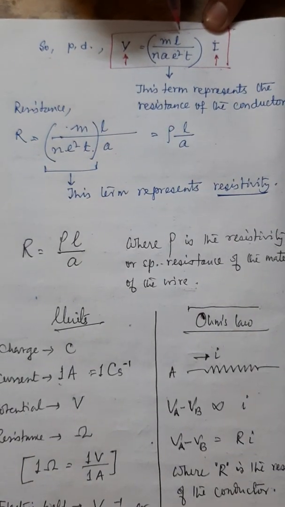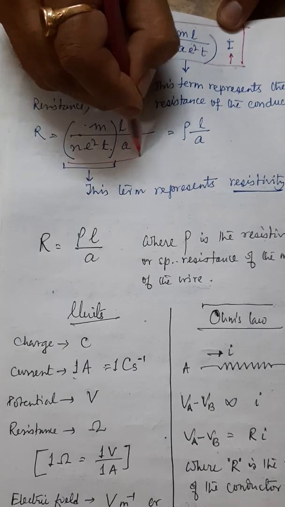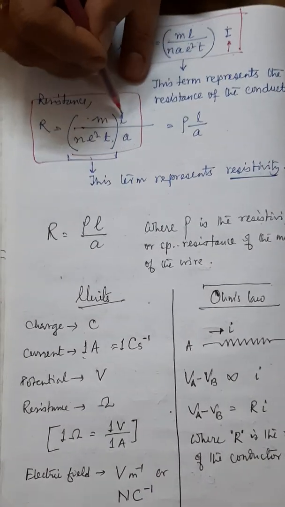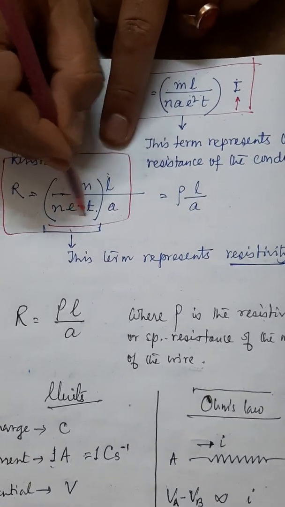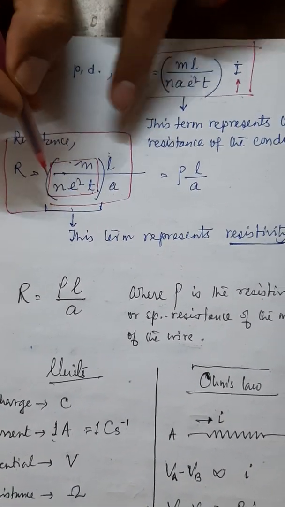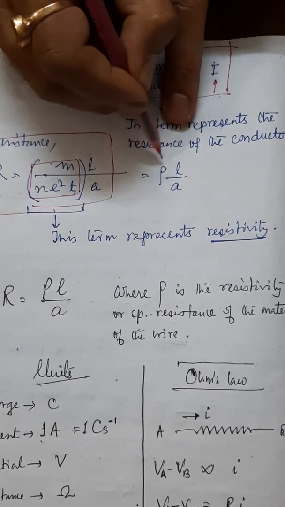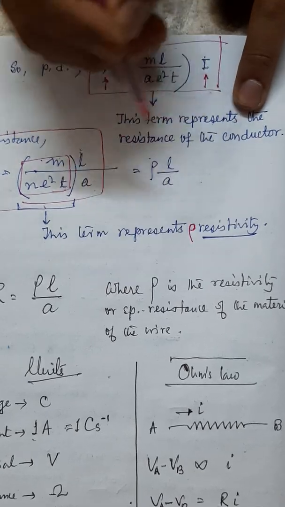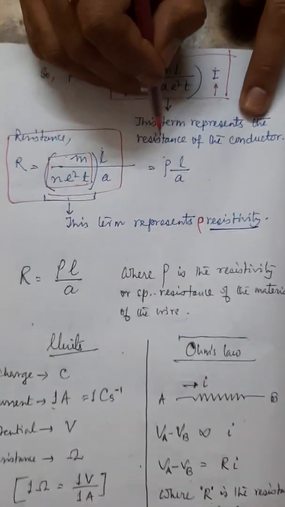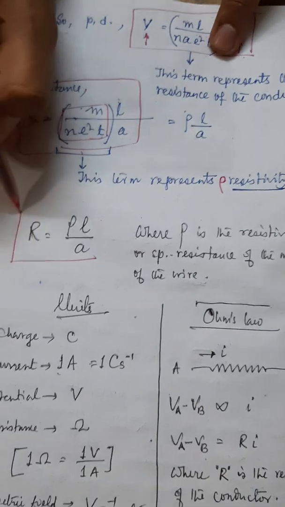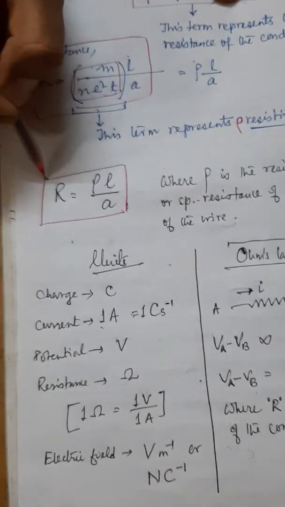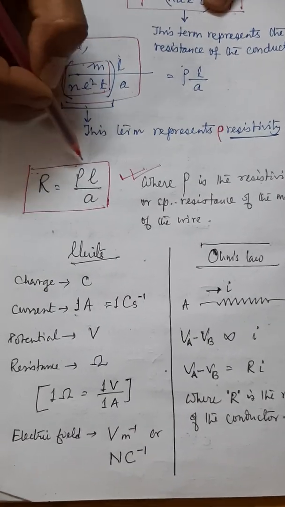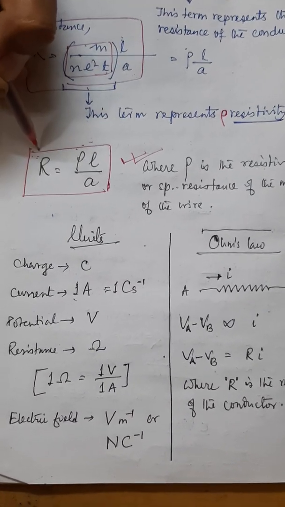Leaving L by A, the rest of the terms contribute to rho, which is your resistivity. That's how we have concluded R equals rho L by A, that is, the specific resistance rho can be related to R like this.